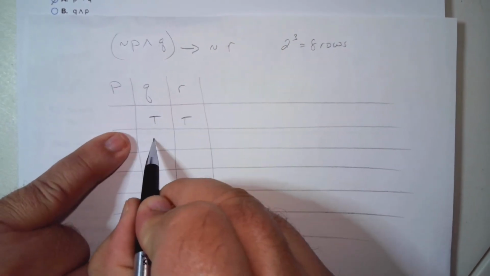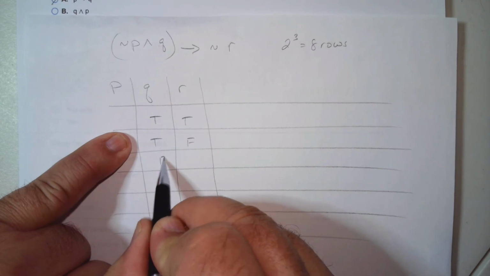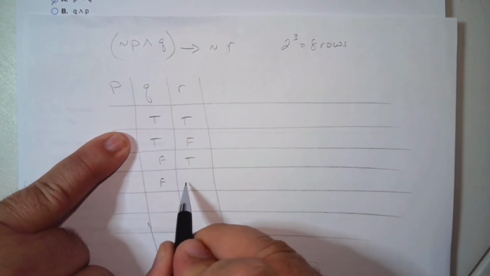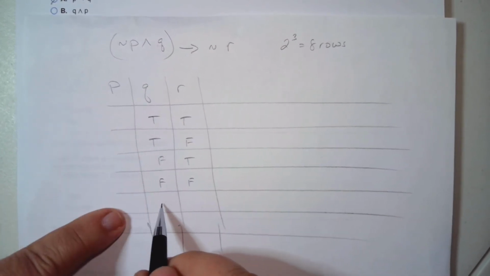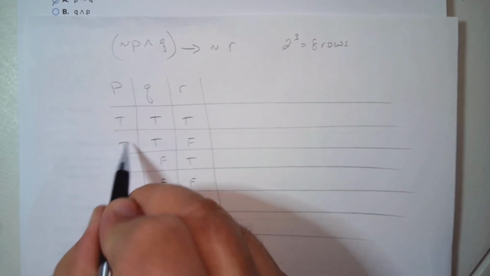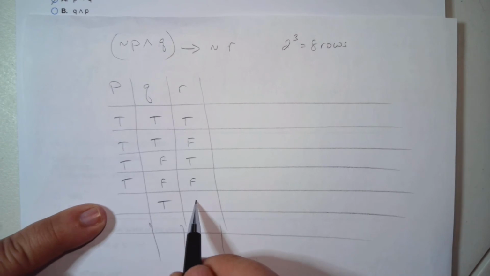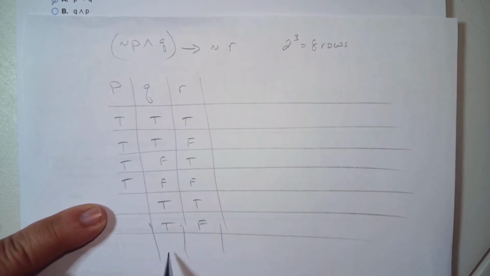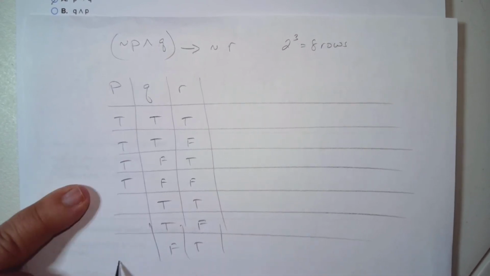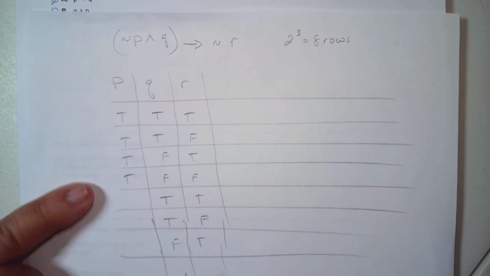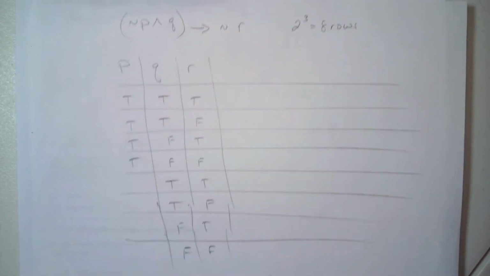And the inner one, we do true, true, true, false, false, true, false, false. That's for when this one's all true. We'll repeat it: true, true, true, false, false, true, false, false.